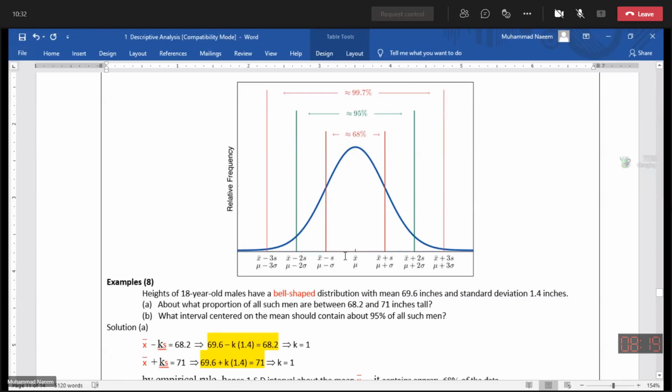Maybe sometimes they are away from the mean value in a larger way, and sometimes they are much closer to the mean value. So how to observe them? We will move to the left and right side and draw certain intervals and observe how much of the data is falling within this range.